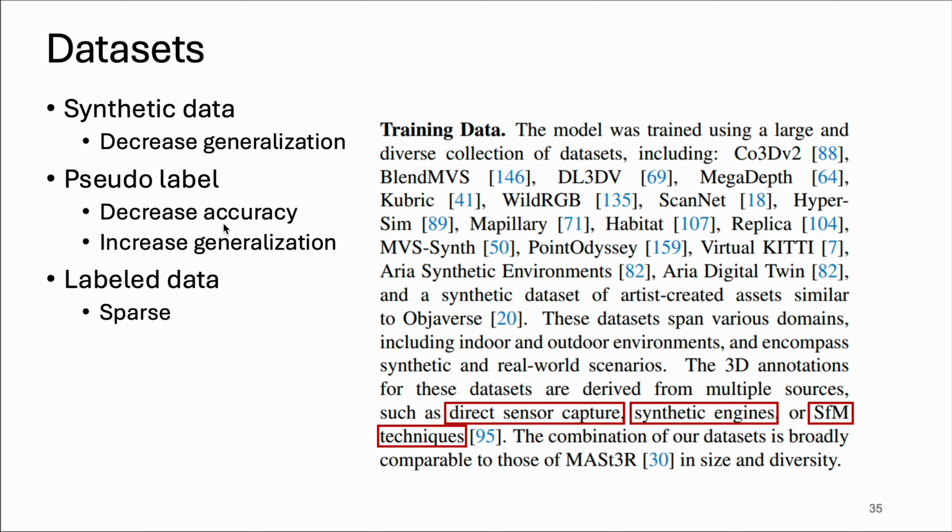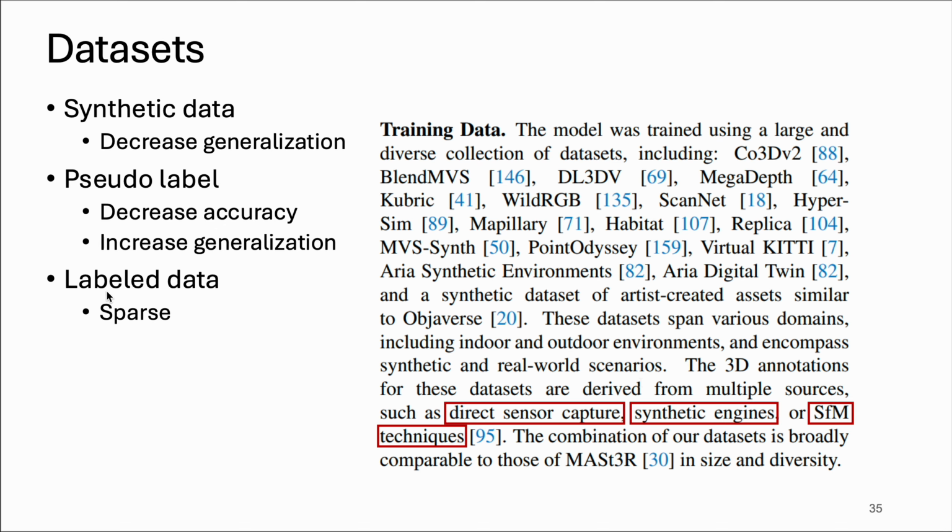Because those methods themselves contain noise, it decreases accuracy, but it increases generalization because it uses real images that were generated by taking a real camera and capturing images of real things.